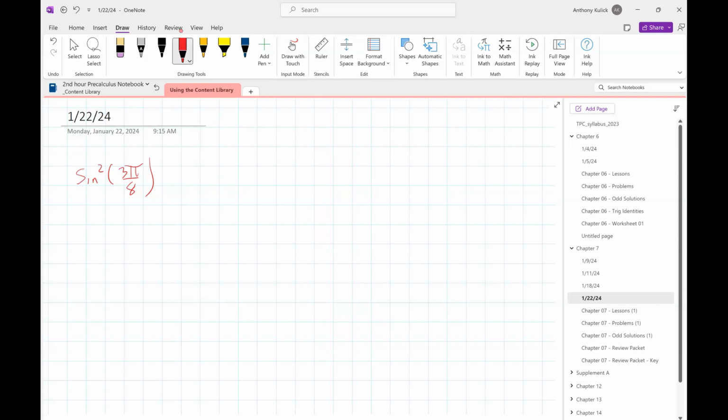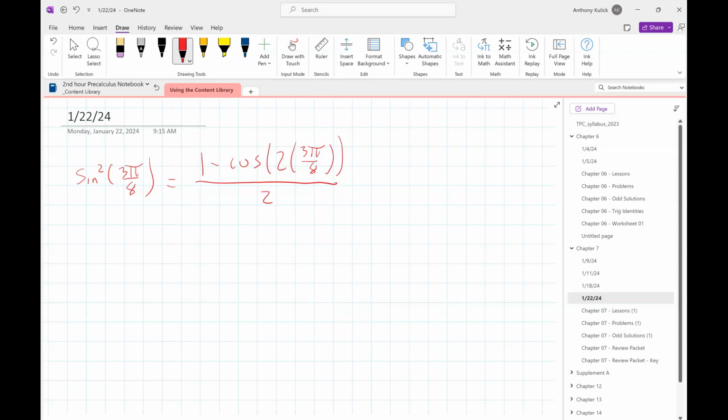So this one's clearly a power reducing identity since the sine squared is in it. So I'm going to go ahead and find my power reducing identity. Find the one for sine. And that's going to be 1 minus cosine of 2 times 3 pi over 8 all over 2.